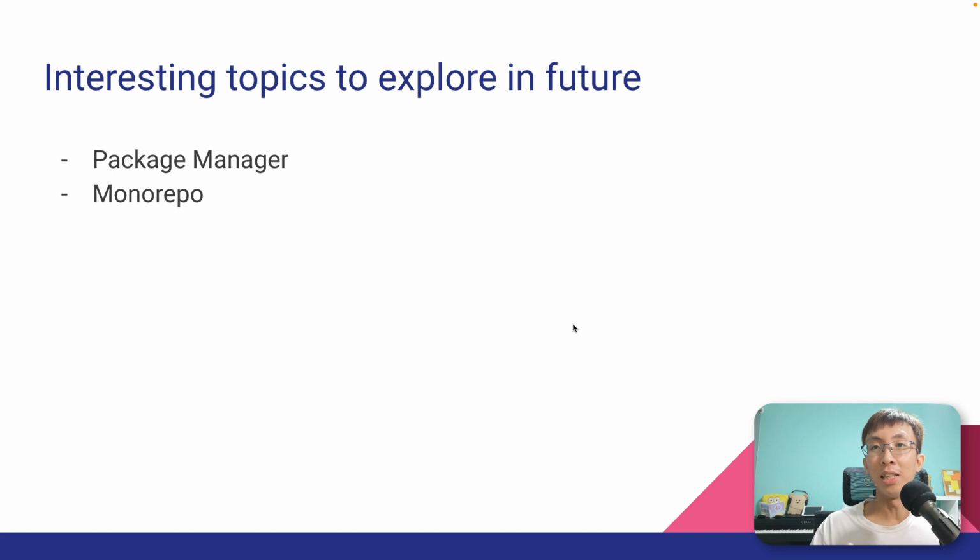There are a few more things that are probably very interesting to cover, which are package managers and a monorepo setup. Why this is interesting and why it is mentioned in the resolver part is that the package manager is the one that installs your libraries or dependencies in a place like a node modules folder, in which when you try to require imports, you will resolve to that location. So actually, the package manager is a reverse of the resolver.